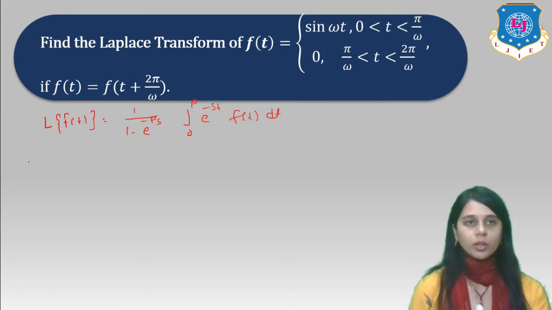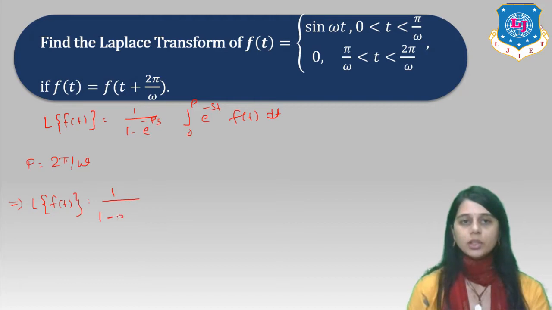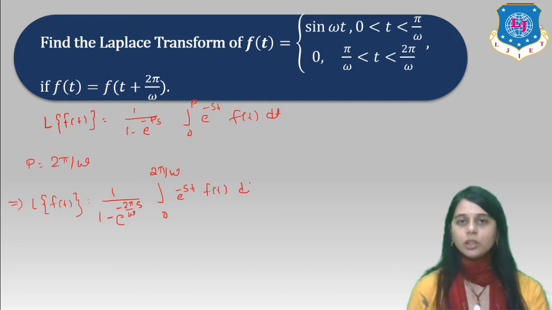Here p is 2 pi by omega. So Laplace of f of t equals 1 upon 1 minus e raised to minus 2 pi by omega s, integration 0 to 2 pi by omega of e raised to minus st f of t dt.